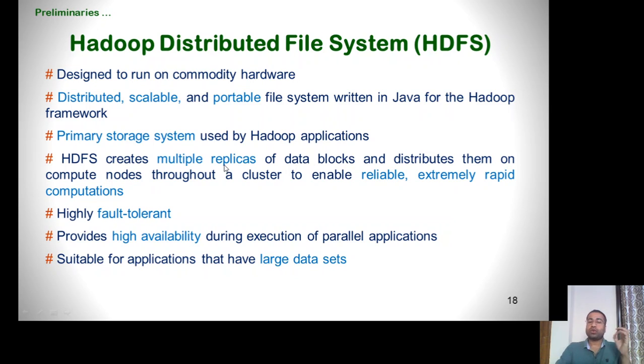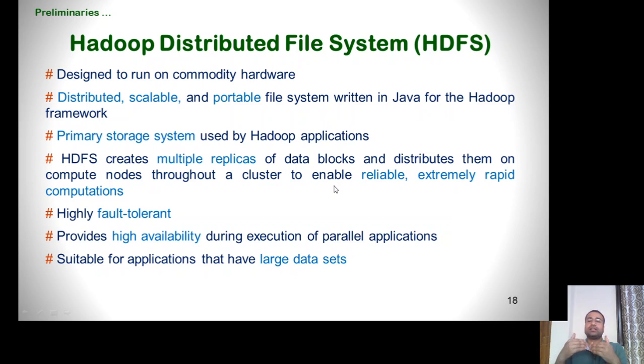So more than one copy of the data blocks will be created and distributed on compute nodes throughout a cluster to enable reliable, extremely rapid computation. If data is replicated, it is available on more than one node. That means we have a backup.